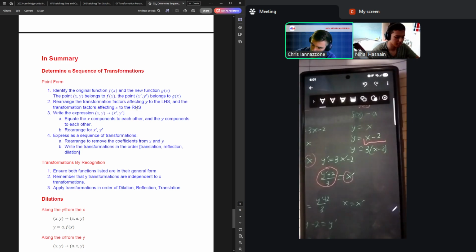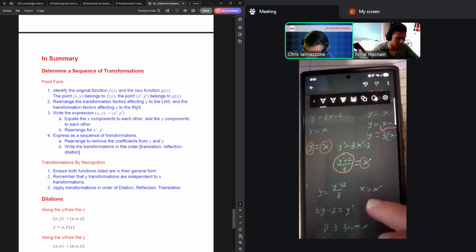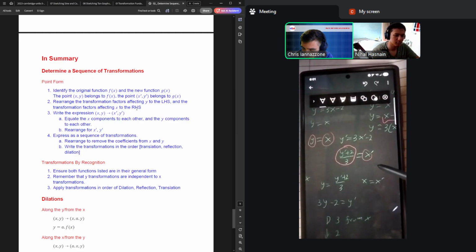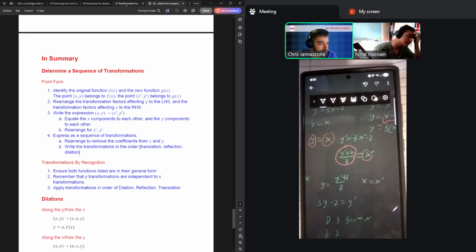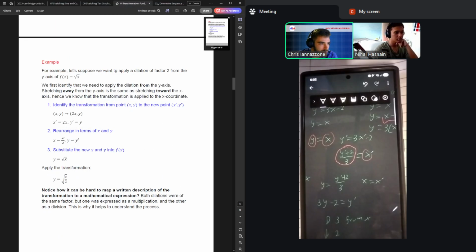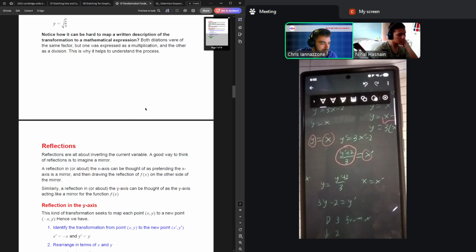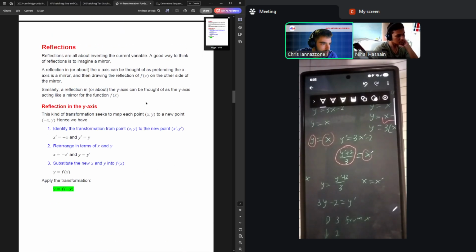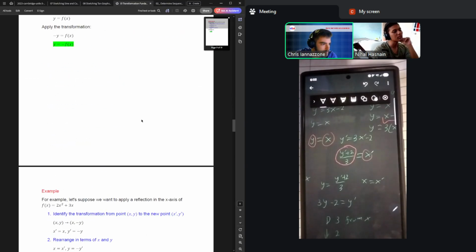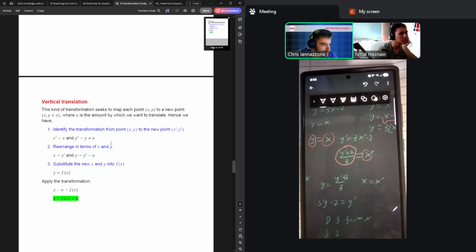So what you're highlighting, I think you are noticing something, which is that there seem to be two separate types of questions. And sure enough, I have two separate documents on them. The difference between them is that one is where you know the sequence of transformations that you have to apply. That's what you're talking about when you're finding the image of a point or a function, right? You have a whole bunch of stuff that you want to apply.